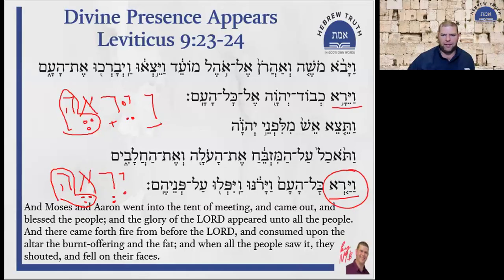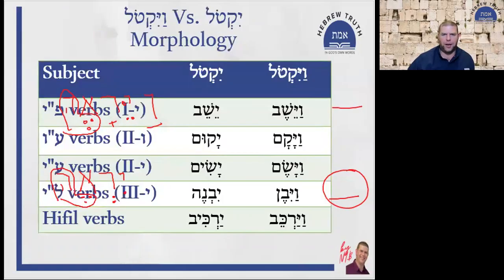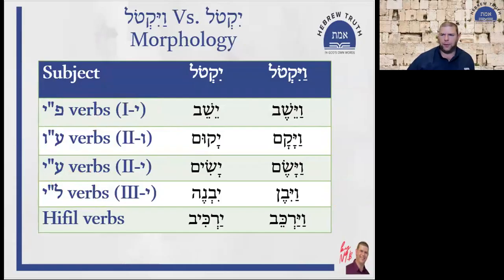So here we have a kind of a summary of the common changes that emphasize the difference between the Wayyiqtol and the Wayyiqtol in different groups of verbs.